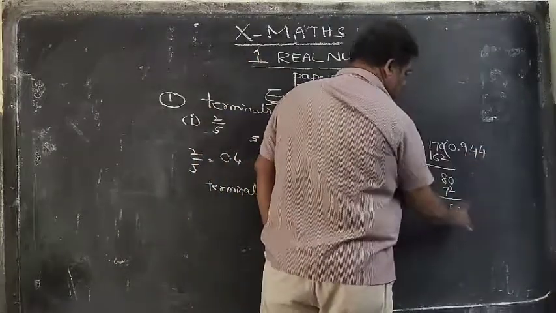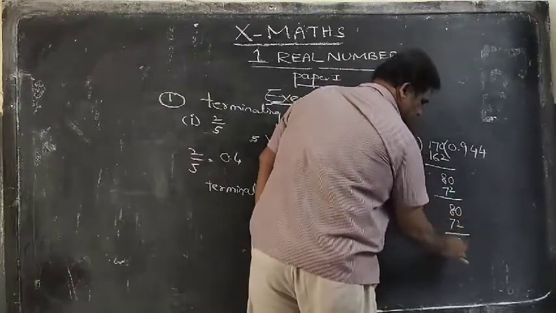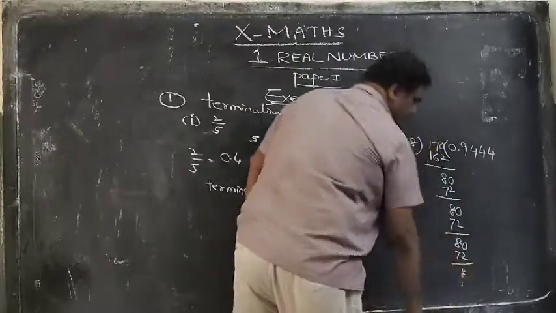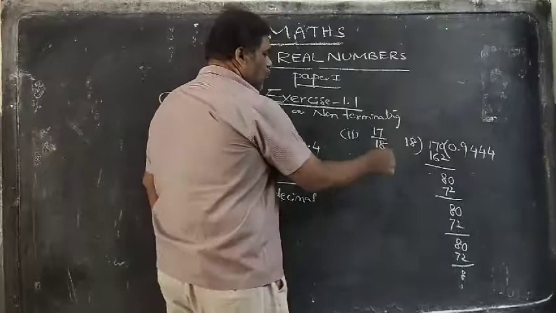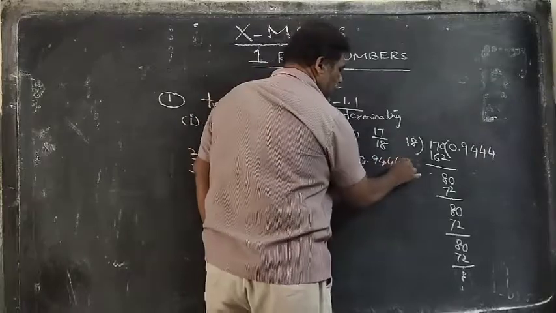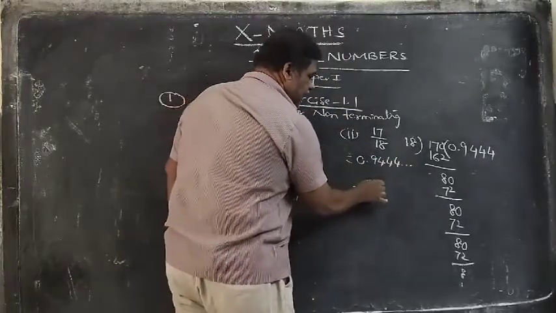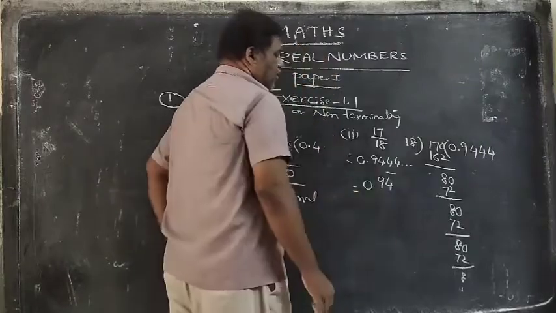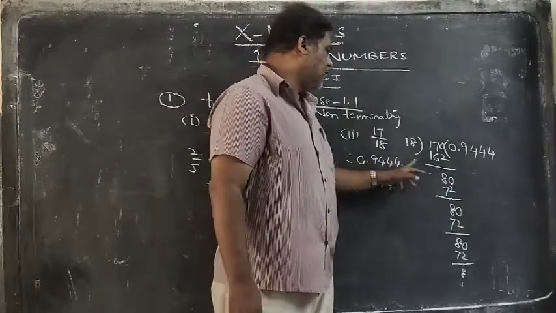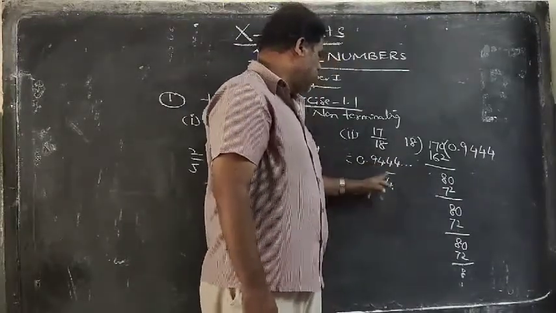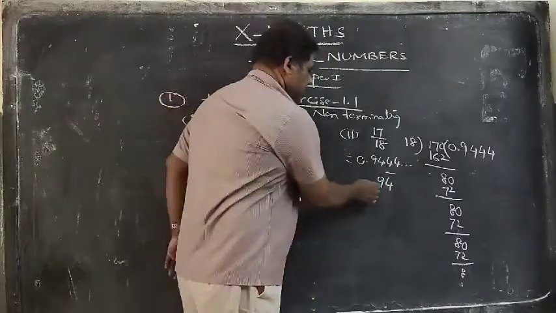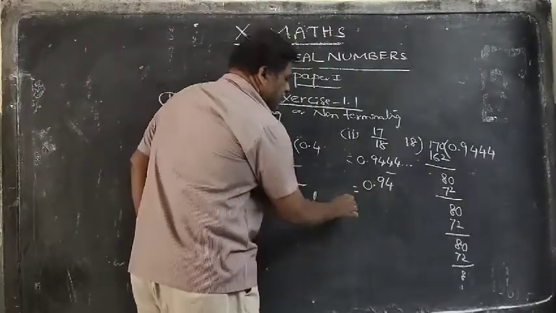Again 18 fours are 72, remainder 8. Like this the division will never stop. So 17 by 18 is 0.9444 and so on. The digit 4 is repeated, so you can keep a bar on the 4. A bar indicates that the digit is repeated. So the answer is 0.94 bar. So it is non-terminating.